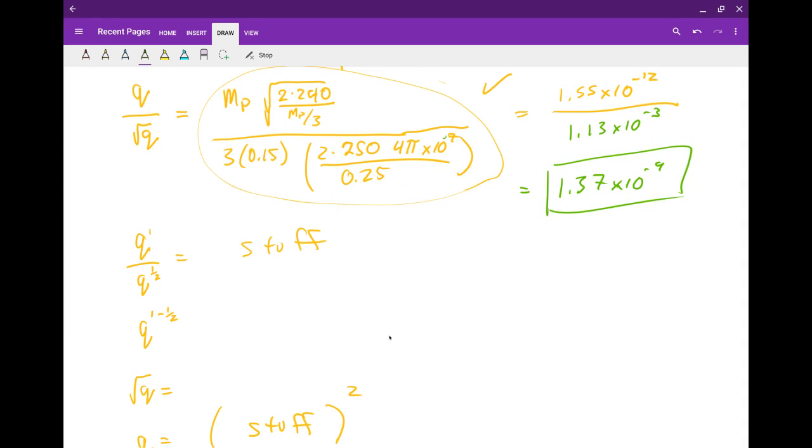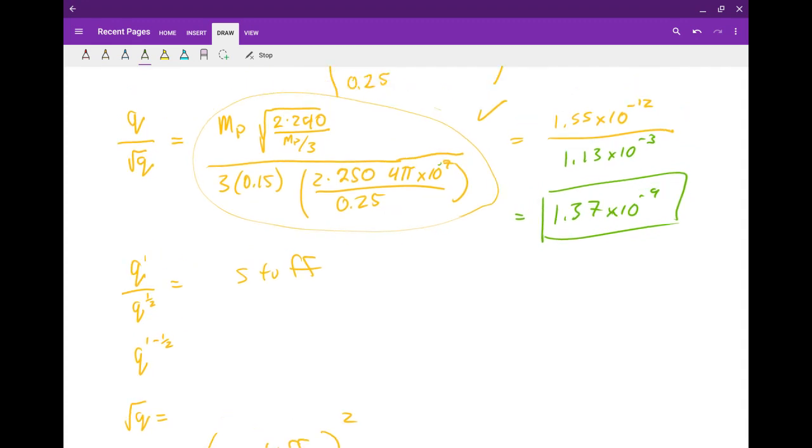Oh, I got to square this still. I forgot to square it. Basically, I ended up getting the numerator 1.55 times 10 to the negative 12, okay? And the denominator, I got all that stuff. Oh, by the way, I messed up here. This is times 10 to the negative 7, not 7. I forgot my negative.